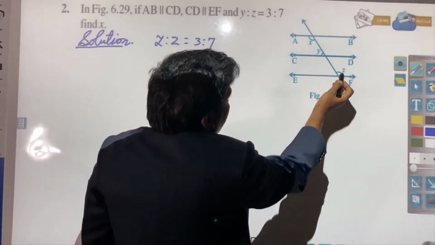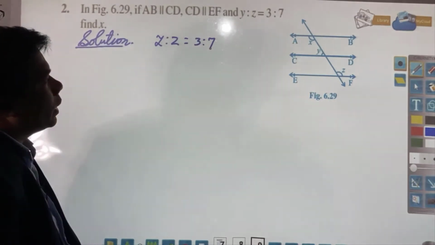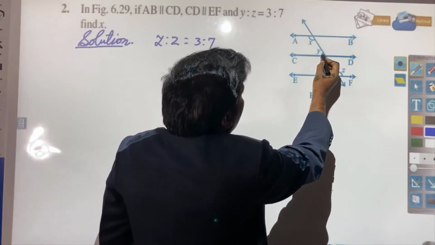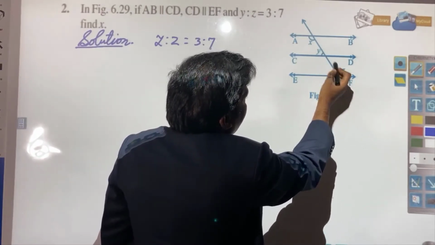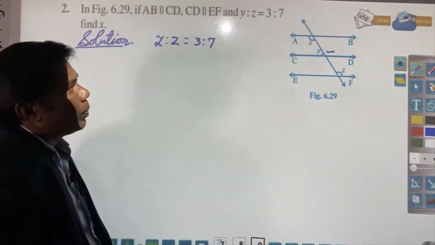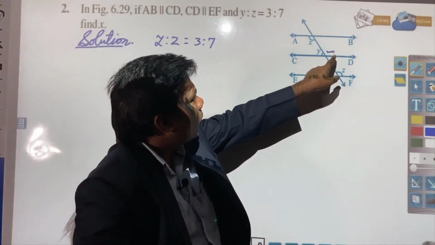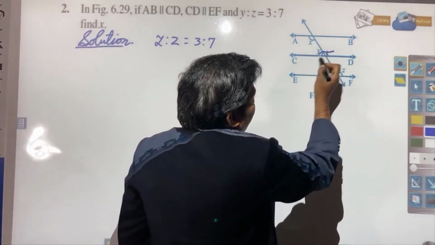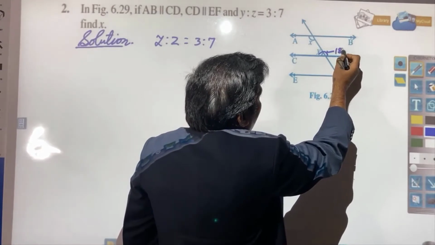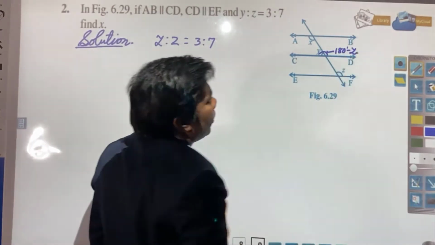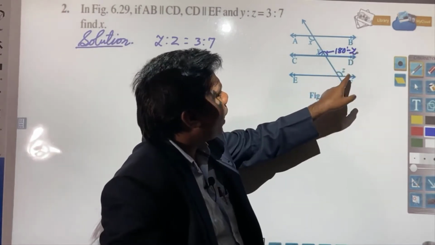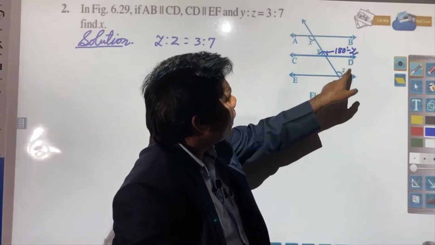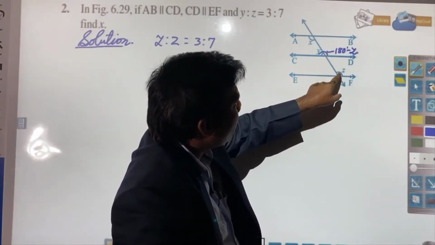Now here you see, since the corresponding angle of z will be this angle, therefore, if this is y, this is a linear pair, so this angle will be equal to 180 degrees minus y. 180 degrees minus y and z are equal, because 180 degrees minus y is the corresponding angle of z.